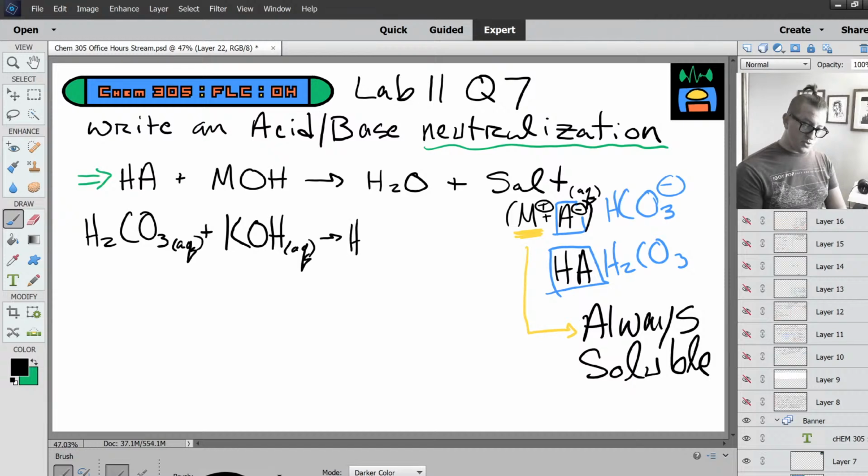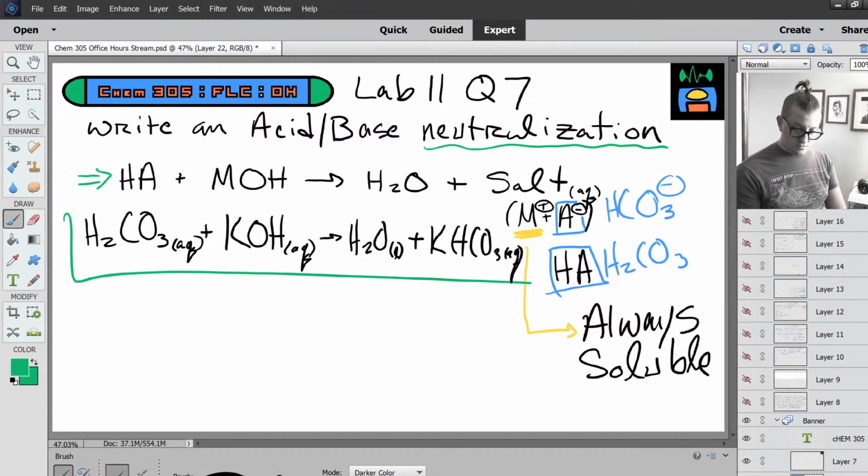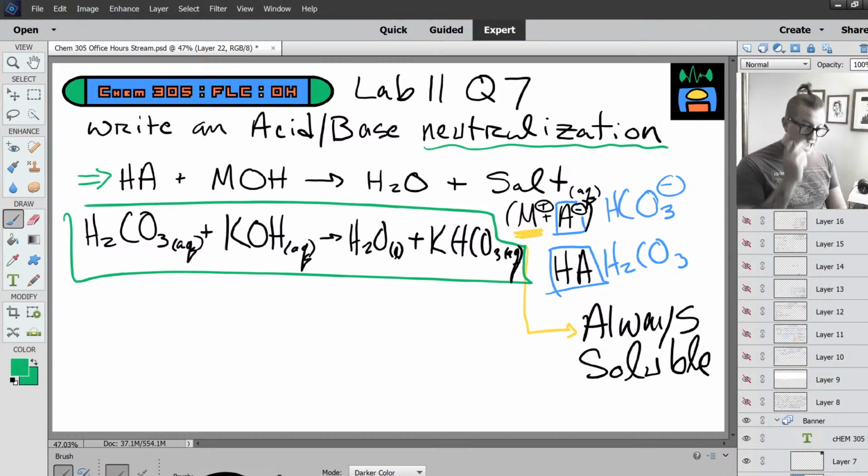These two react to produce water, which is a liquid, plus, now the salt is KHCO3, and that's aqueous. So this is one possible answer for the neutralization. Really, any answer is acceptable as long as you use a cation from the always soluble list.